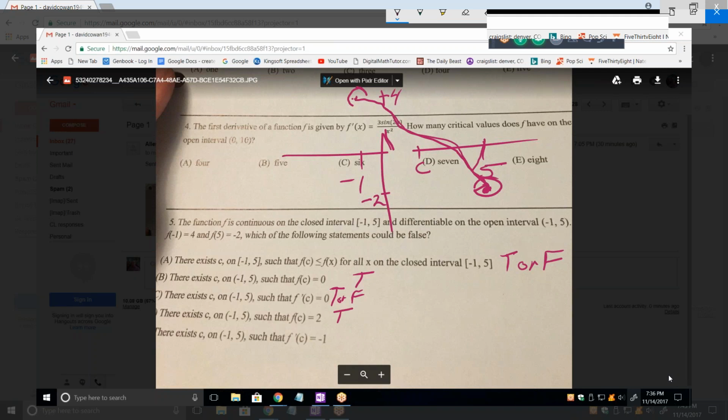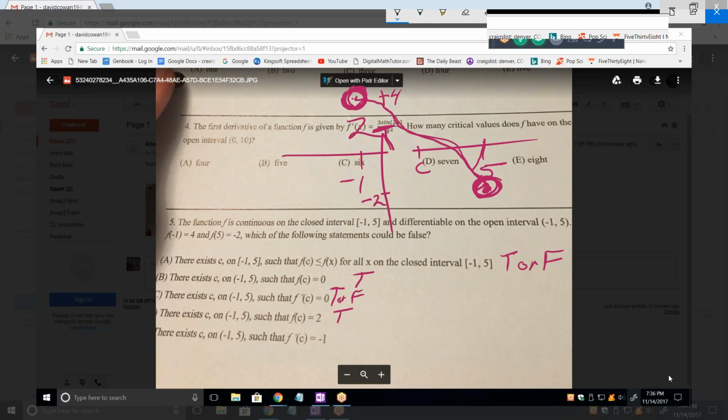I can't get from f of minus 1, which is up here, to f of 5, which is down there, without going through 2. Again, by the intermediate value theorem. As long as it's continuous, you cannot skip over 2. In other words, there's 2 right there. That function's got to go through 2.